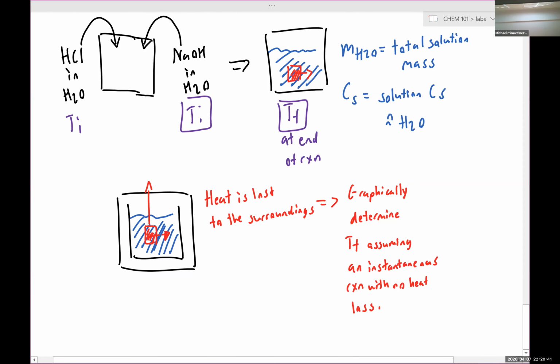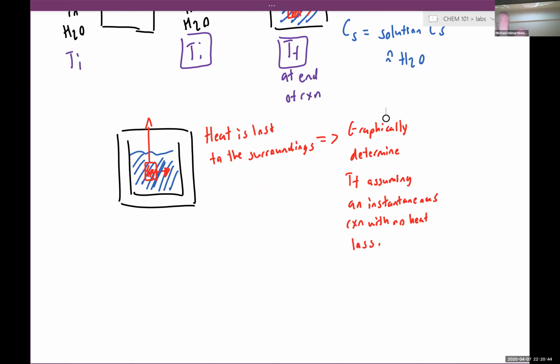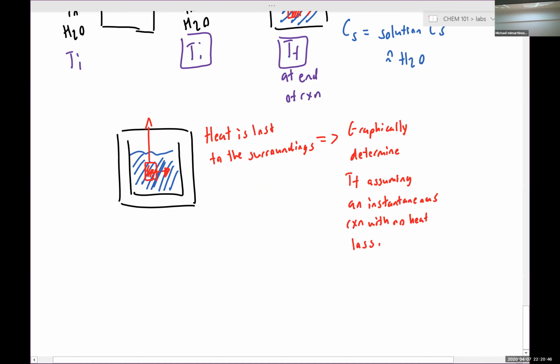So let's look at what's going to happen as our reaction proceeds. If we monitor a reaction carefully, we'll have a plot of temperature versus time in seconds. In this neutralization reaction, initially we'll start at around 21 degrees Celsius. And then as the reaction begins, our temperature will climb and climb and climb.